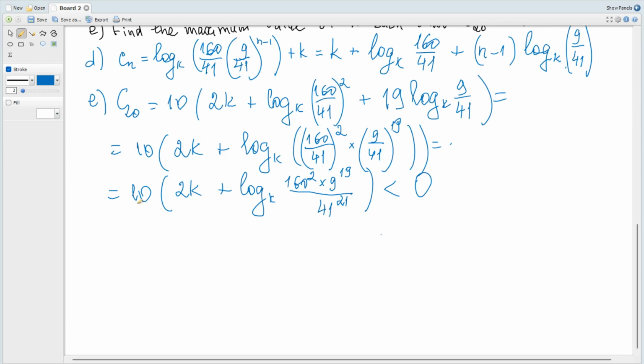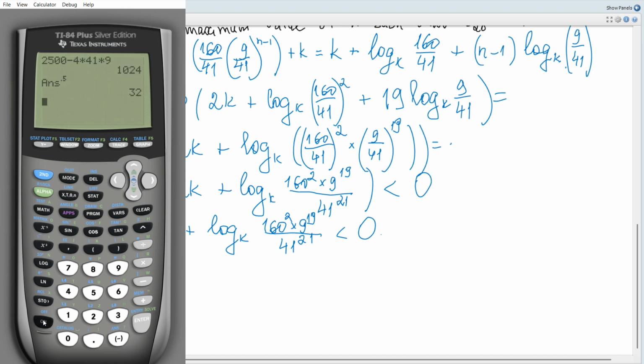We can divide both sides by 10, and you remember, if you divide both sides by a negative, you should flip the sign. So we can consider that 2k plus log to the base k of this value must be less than 0. k is a positive integer greater than 1.